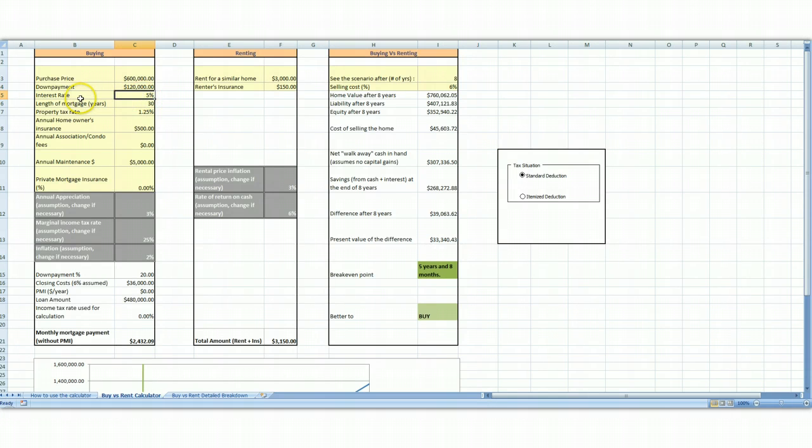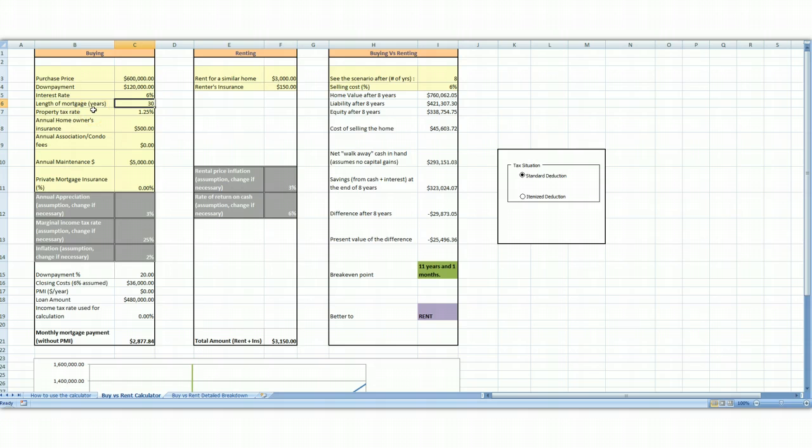The rest of the cells are pretty intuitive, I think. How much is the interest rate for your mortgage? If you have a good credit score and everything is good enough, you will get a good interest rate, maybe 4.5%. If not, you can change it to whatever you feel like you will be getting. And here is the length of the mortgage.